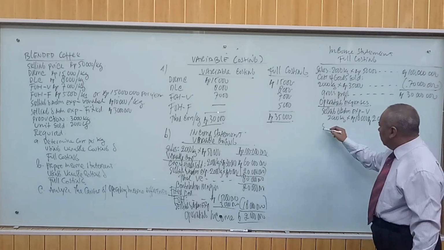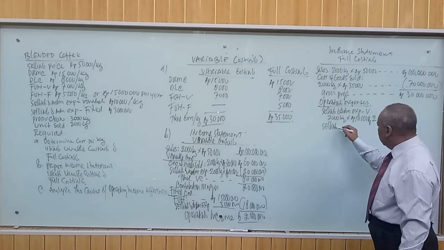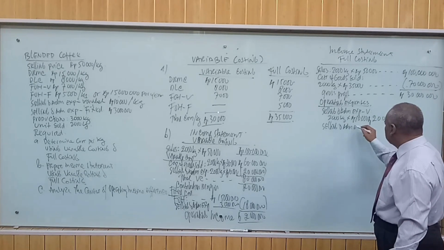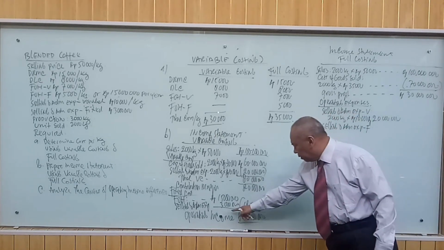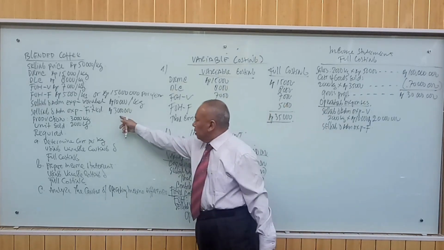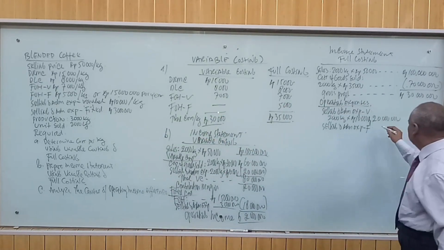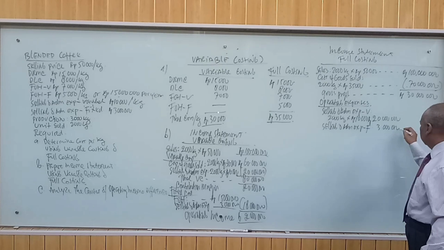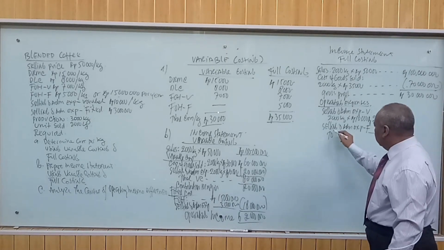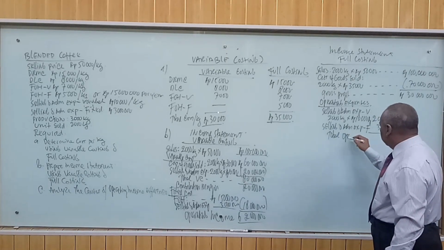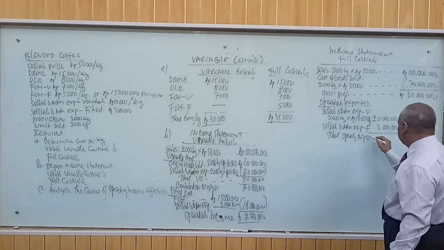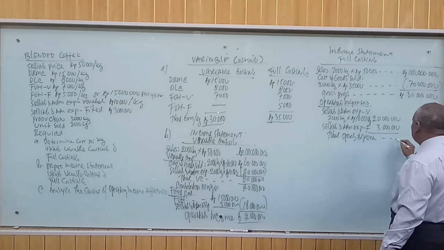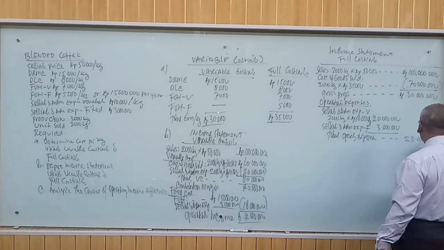And then we add the fixed selling and administrative expenses, the same as before, 3 million. So the total operating expenses will be 23 million.